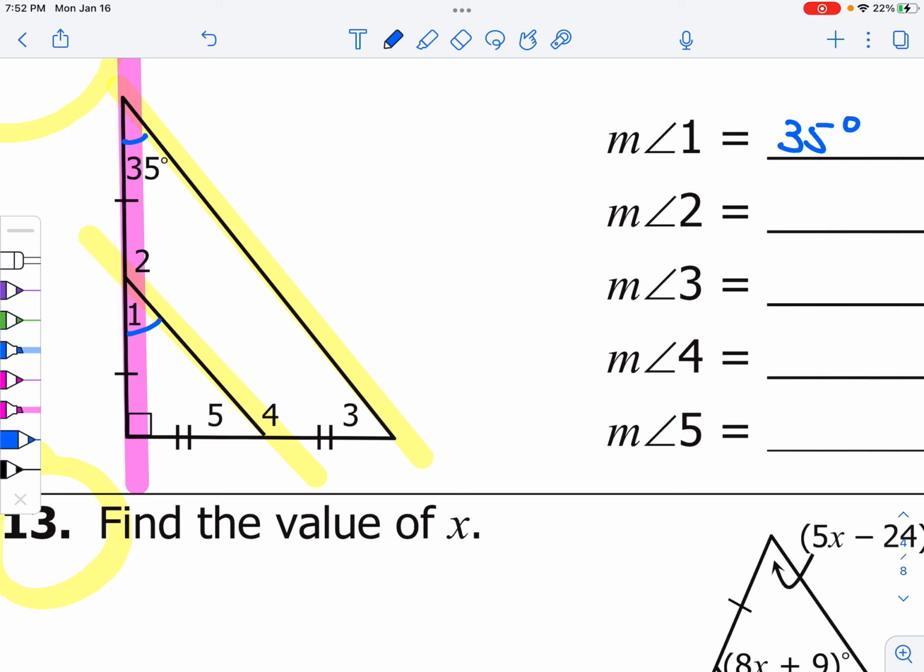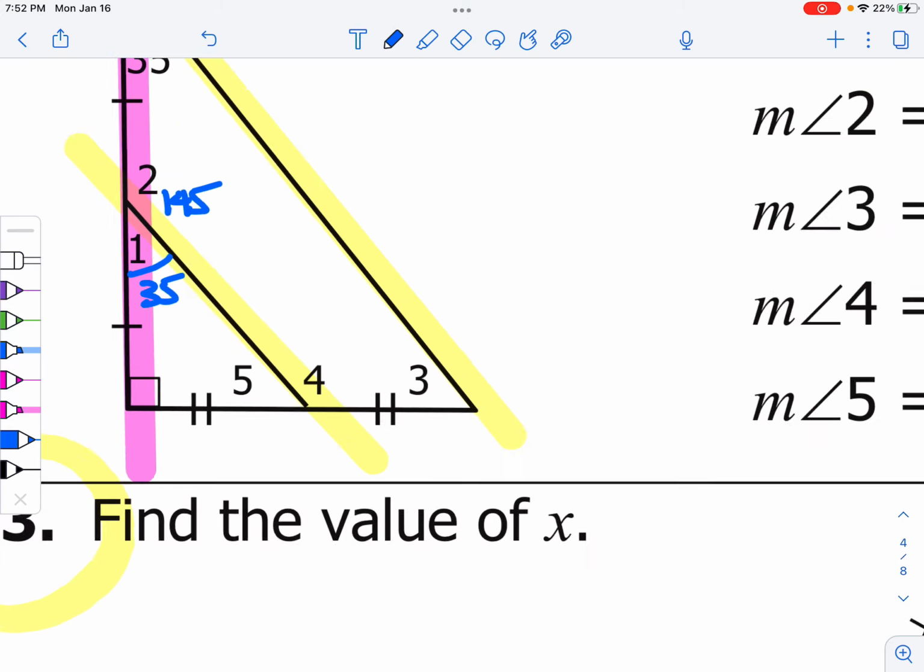I have a linear pair between angle 1 and angle 2, so 180 minus 35 gives me 145. I see that angle 1, I'm going to put that in there, is 35.